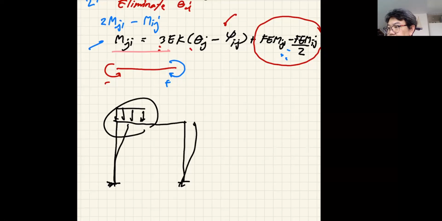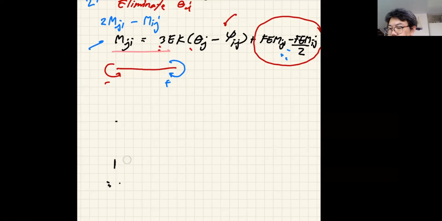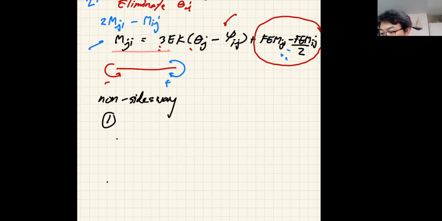You will have a non-sideway frame in one of two cases. Okay, so let's erase this. Non-sideway. One, when you have a symmetric frame and symmetric loading condition.